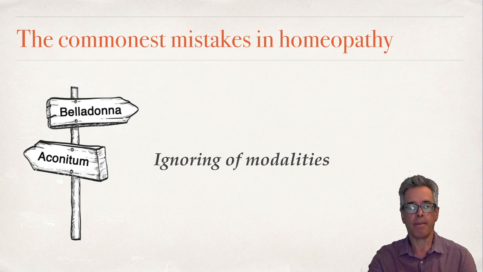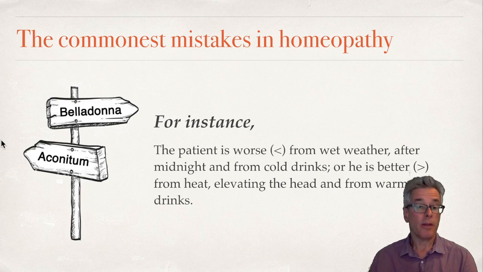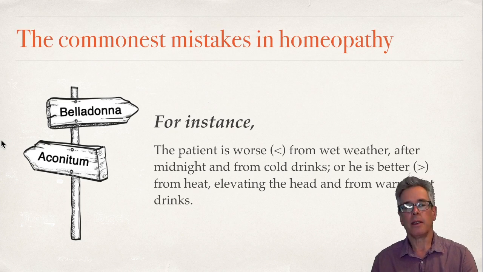So, for example, a patient might tell you they're worse from the wet weather after midnight, from cold drinks, or they're better from heat, elevating their head and from warm hot drinks. So, very different set of modalities.